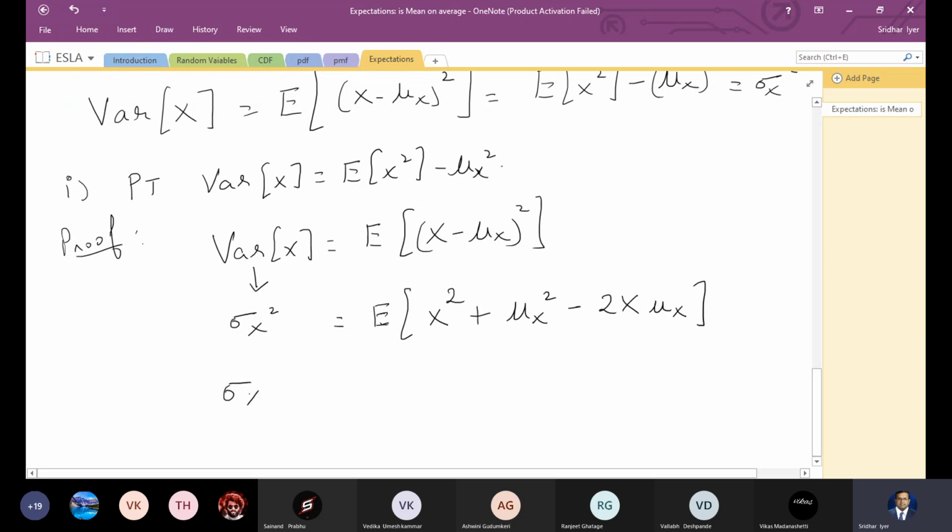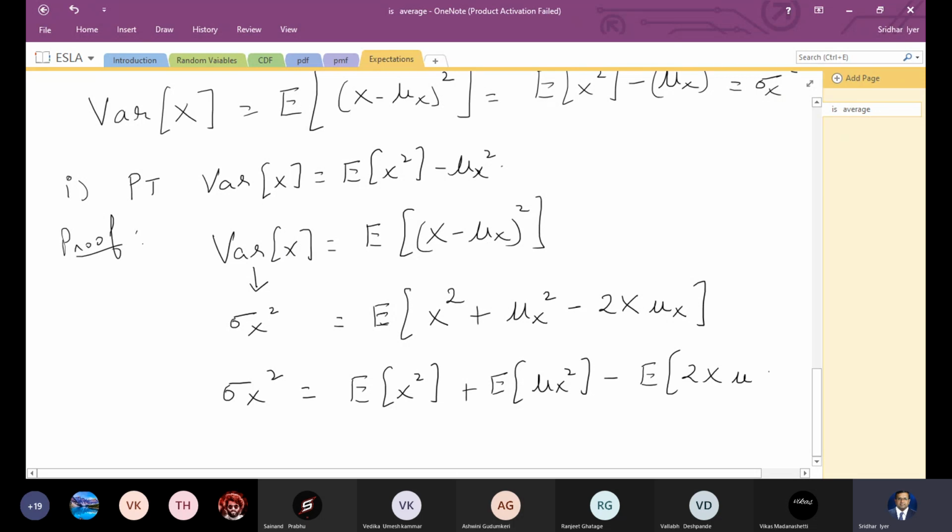Therefore, sigma x square. Now expectation is a linear operator. Therefore, I am going to have expectation of each value. So you'll have E of x square plus E of mu x square minus E of 2 x mu x.